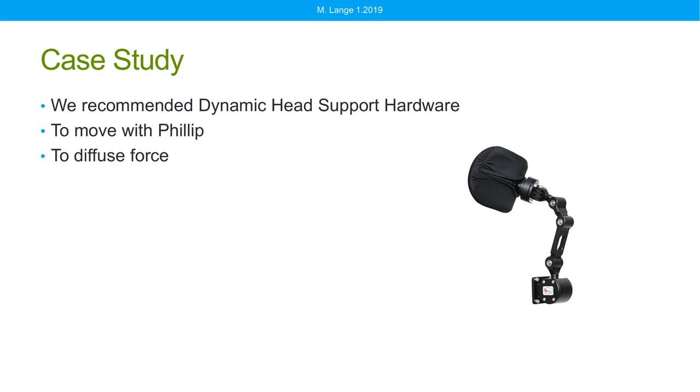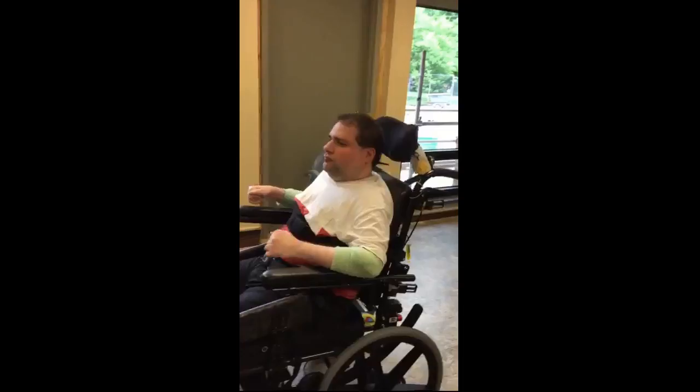We also recommended the dynamic head support hardware from Seating Dynamics as well, to allow for his movement and to diffuse these forces he was using, banging against the head support surface. So let's take a look at Philip with his new dynamic components.